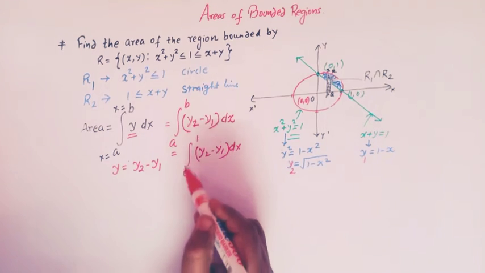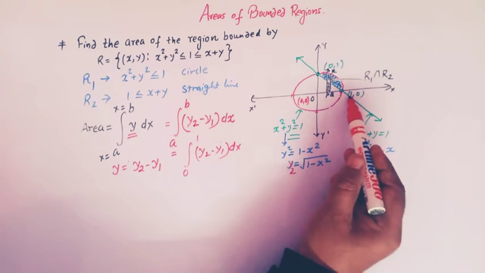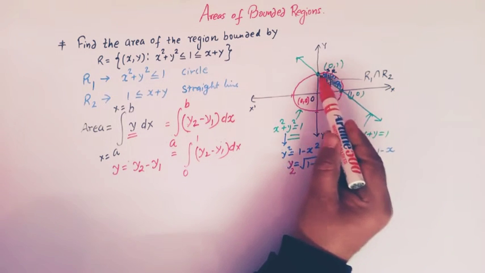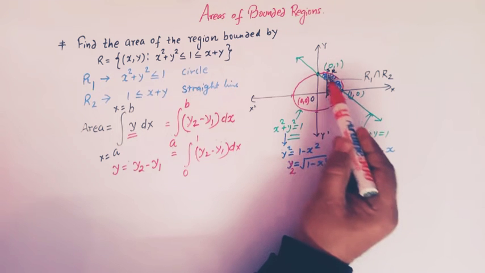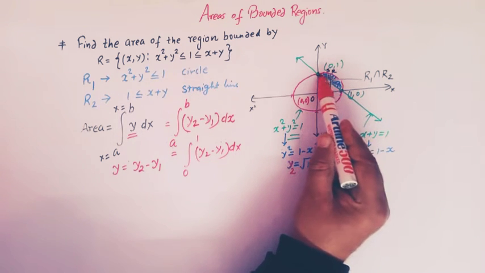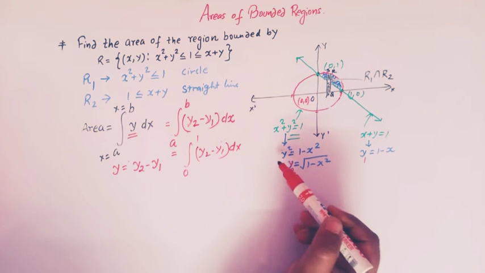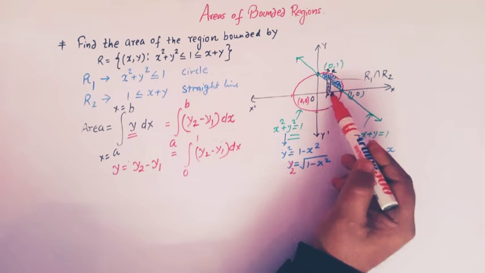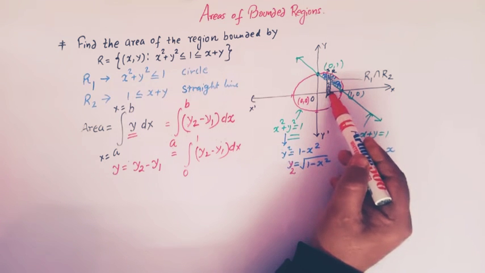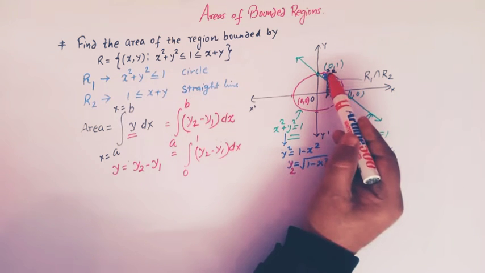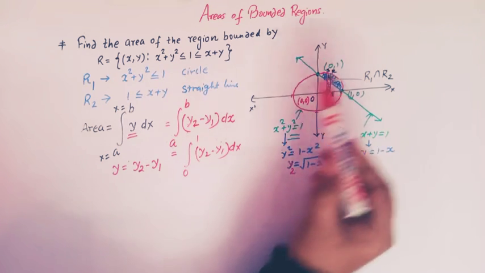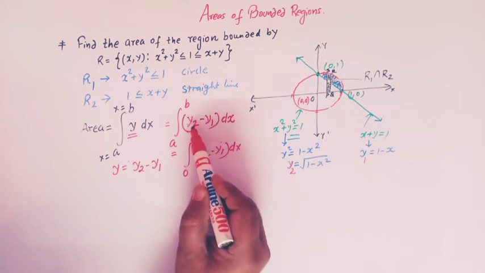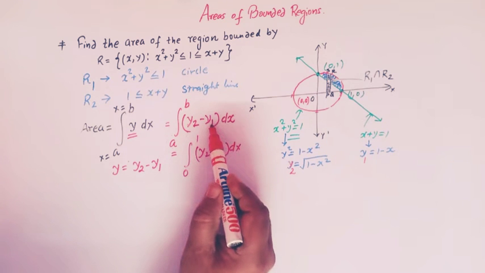So the limits run from 0 to 1, and this bounded region is sliced into infinitely many vertical strips. The lower end lies at the x-axis and the upper end lies on the circle, so we have to take y2 minus y1.